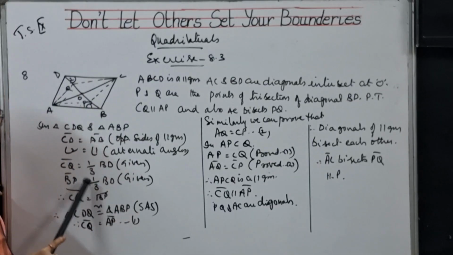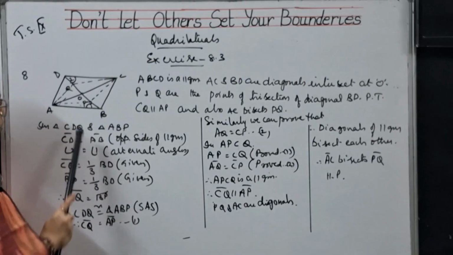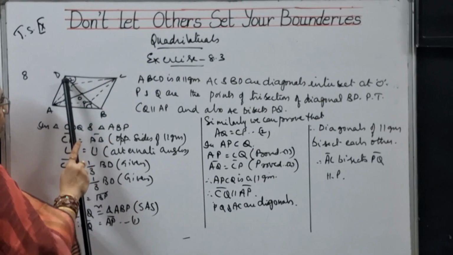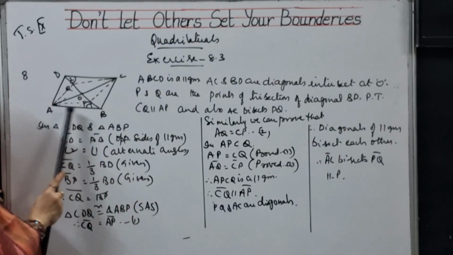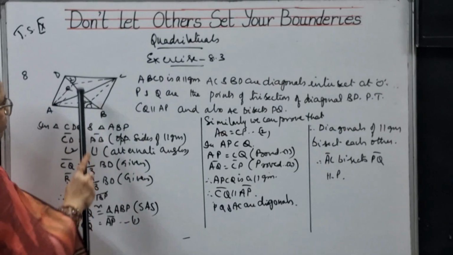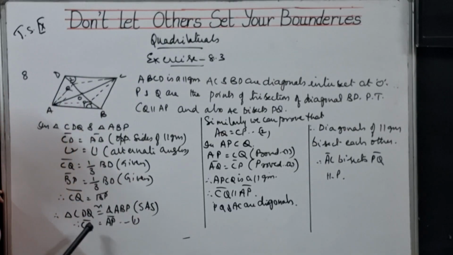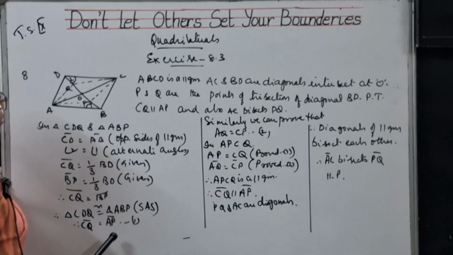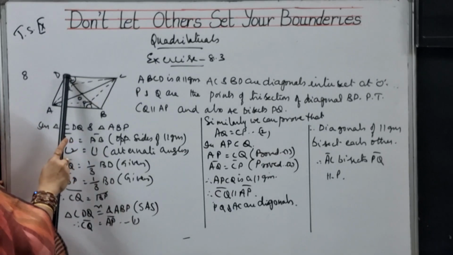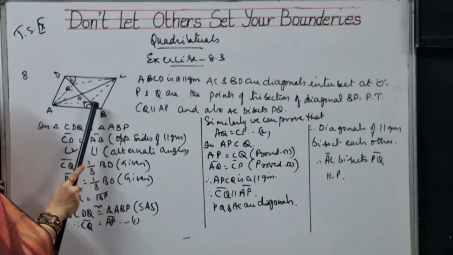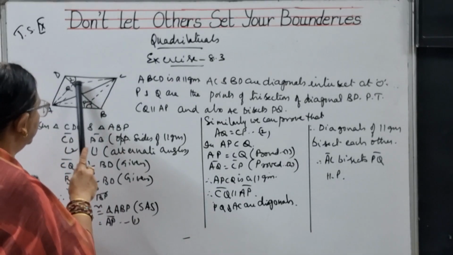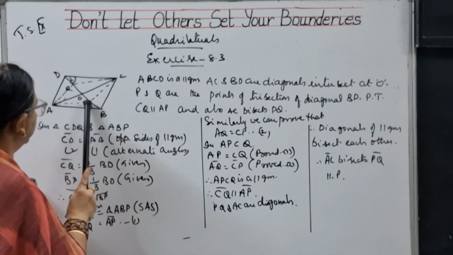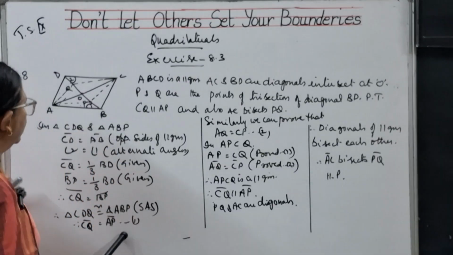So CQ is equal to BP. So triangle CDQ is congruent to triangle ABP basing on the side angle side property. So when these two triangles are congruent, CQ is equal to AP, we can prove.